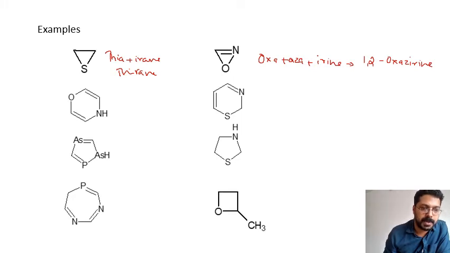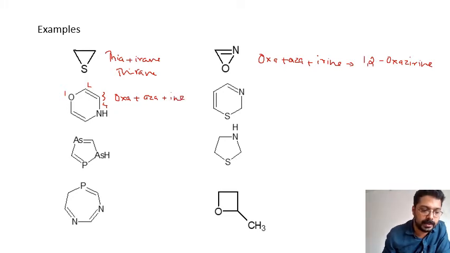And this 5-membered, it is oxa. The numbering should be given to the oxygen as 1, then 2, 3, 4. So it will be oxa plus aza plus the 6-membered ending.